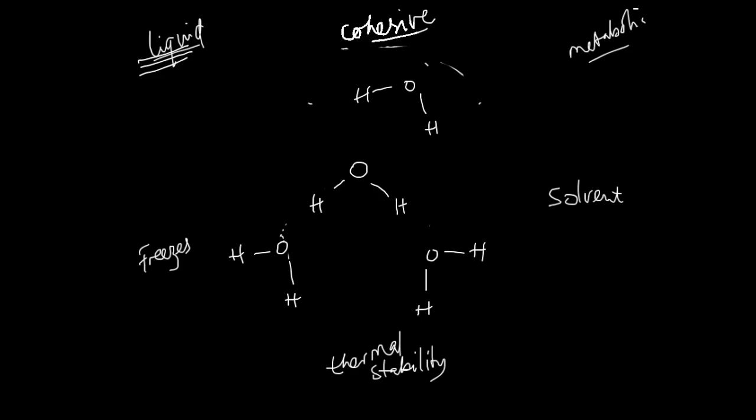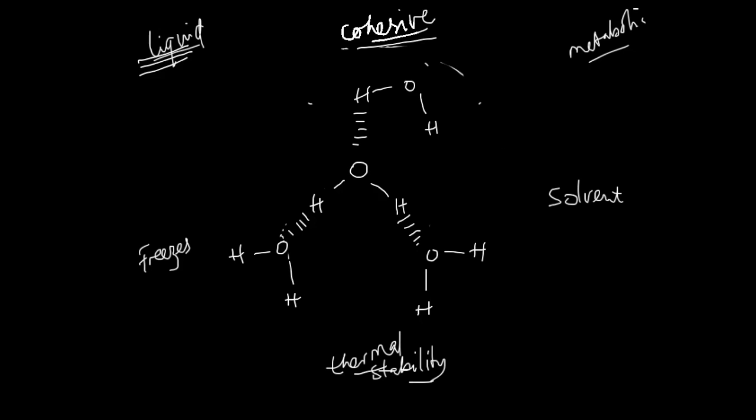Okay, so we've discussed why the structure of water allows it to behave as a liquid and why it's cohesive. Now, a related property is its thermal stability. We discussed why, because of the hydrogen bonds between the oxygens and hydrogens of different water molecules, water is cohesive.